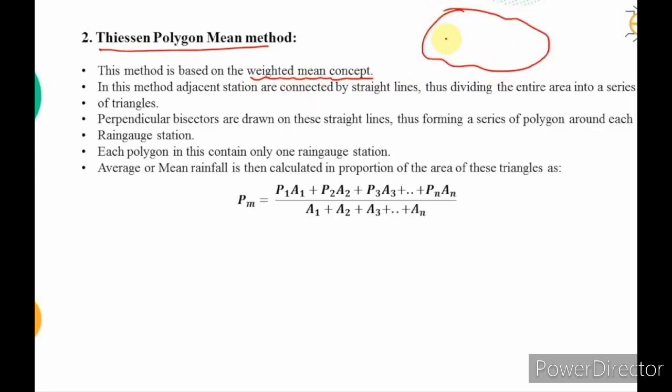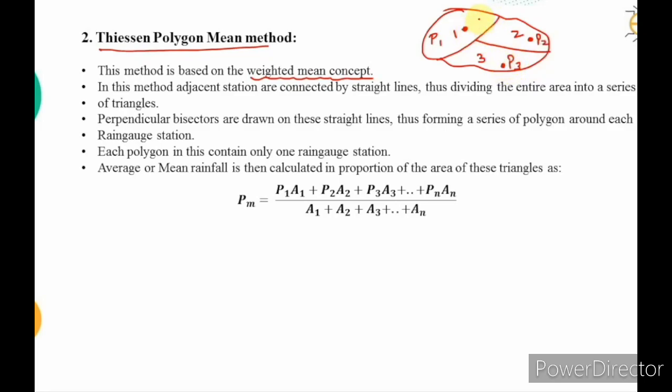So let's see, this is an area. We will divide this area into 3 parts or 3 blocks or divisions. This is first, second and third. The first part has rainfall which we denote as P1, the second one has rainfall P2, and the third one has rainfall P3.